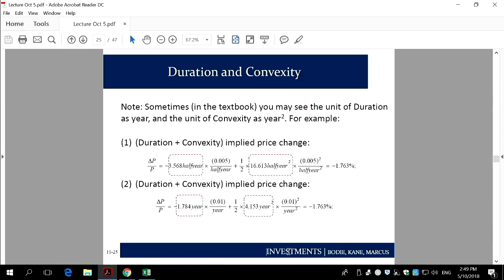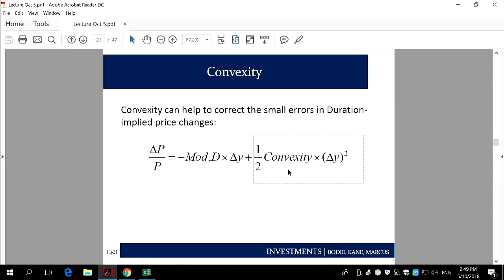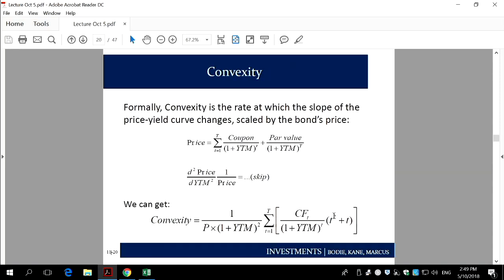A tricky thing, if you are doing this calculation, is to pay attention to the unit. The unit of duration is half year, right? The unit of convexity is half year squared. It's a little bit strange because of the mathematical definition, there is a square here.